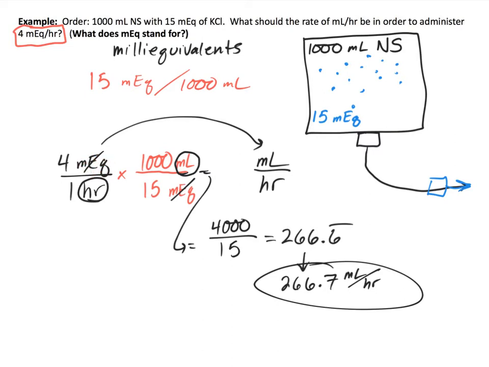It's a ratio of some amount over time, but we need to convert it often into a ratio of volume per time because it's going to be a pump, or in the next example, a gravity set where we are pushing that medication into the patient. So this is called a rate conversion. Let's look at another example.